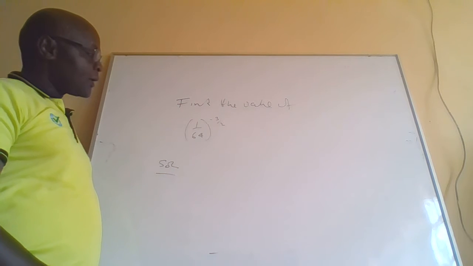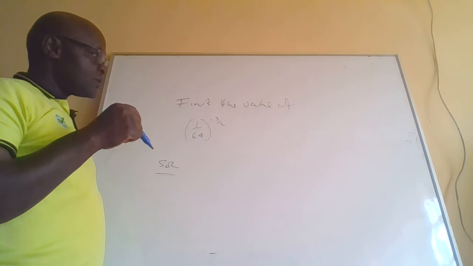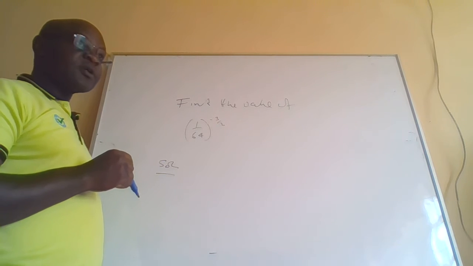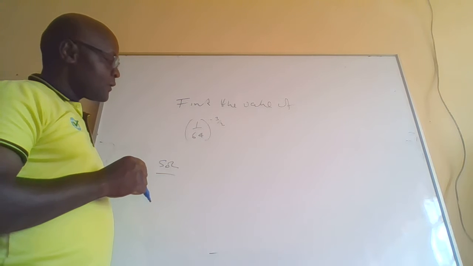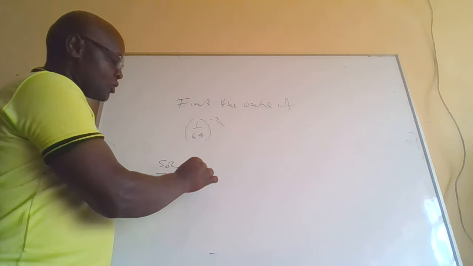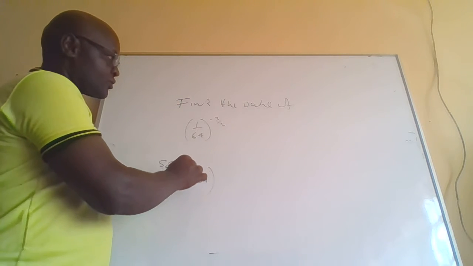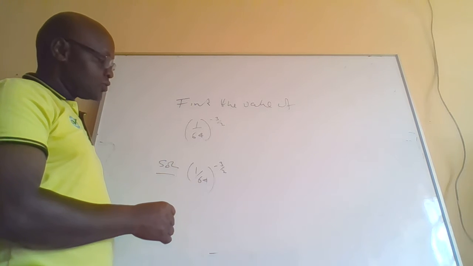Now, 1 all over 64 raised to negative 3 all over 2. We shall write it this way: 1 all over 64 raised to negative 3 all over 2.